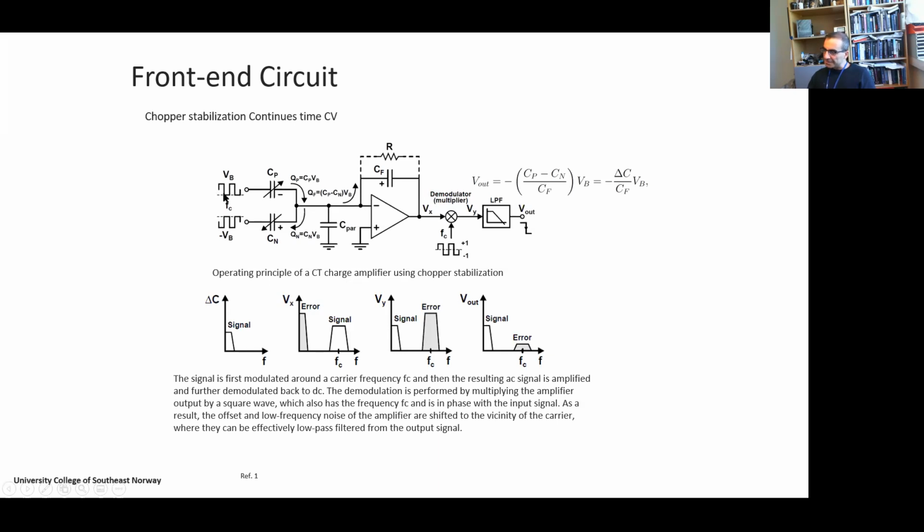The pulses at the input have a given frequency, so the DC changes of CP and CN are being modulated with that frequency. That will be our signal, which, if you look at the bottom figure to the left, is in a low frequency region.